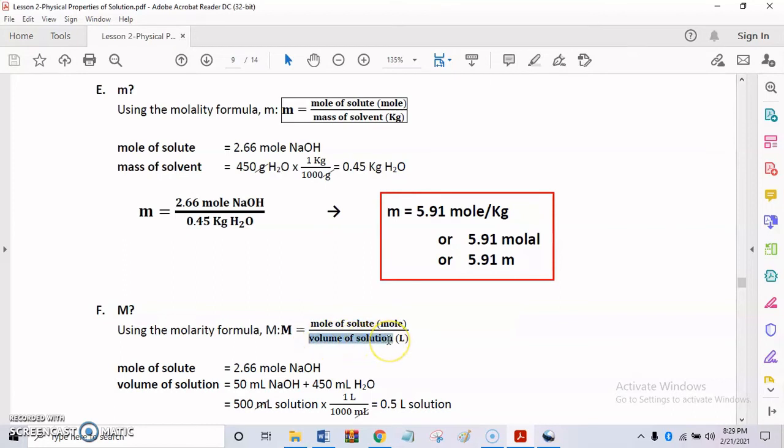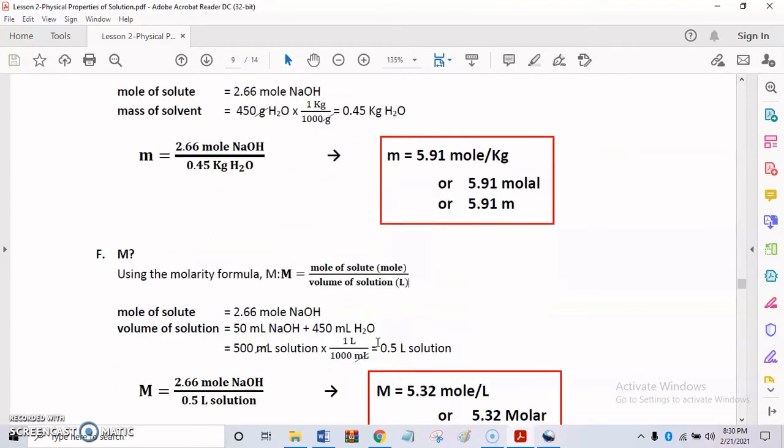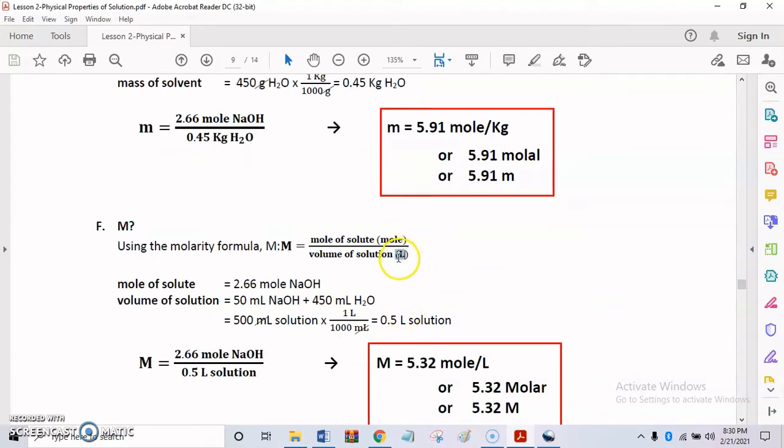Volume of solution in terms of liters. So, kaibahan nila, molal is yung mass of solvent lang. Sa molarity is volume of the solution. Okay? In terms of liters.